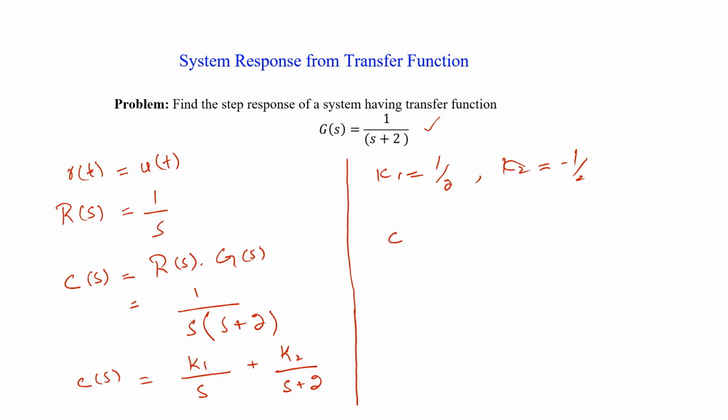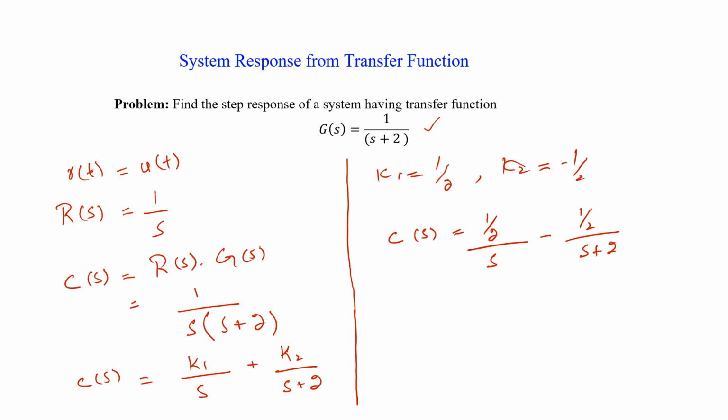Hence, C of s will be now 1 by 2 divided by s and minus 1 by 2 divided by s plus 2. We want to find the system response, and that is in the time domain. So what we have to do is apply the inverse Laplace transform.